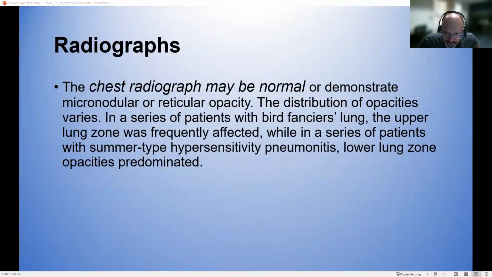Another challenge with HP is that the chest radiograph can be normal. Sometimes you can see micronodular or reticular opacities, but that would be a challenge if I was working on a patient.